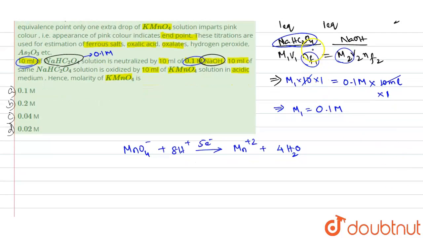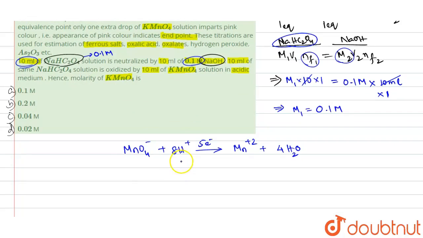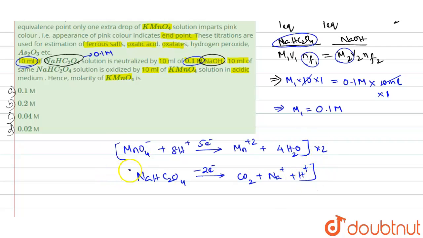Now if we look at the reaction of NaHC2O4, it will produce CO2 plus Na plus H plus by losing 2 electrons. To balance these reactions, we have to multiply the first reaction with 2 and the second reaction with 5.